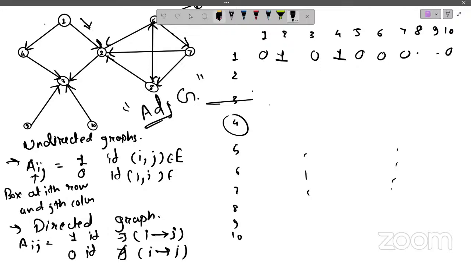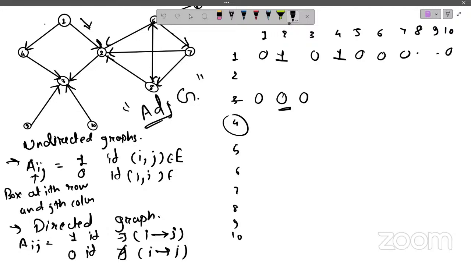Suppose I want to fill the entries regarding the number 3. There is no edge from 3 to 1, so I'll put 0. Again there is no edge from 3 to 2, so I'll put 0. There is an edge from 2 to 3, not from 3 to 2, so that's why this entry will be 0. Again, there is no edge between 3 to 3, so it's also 0.